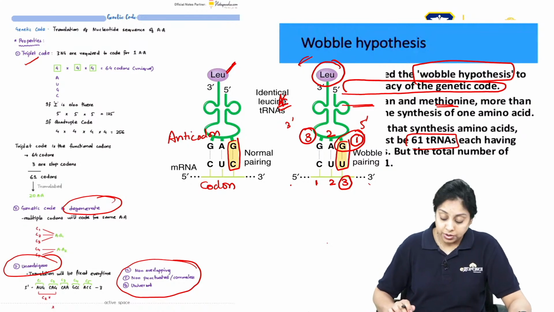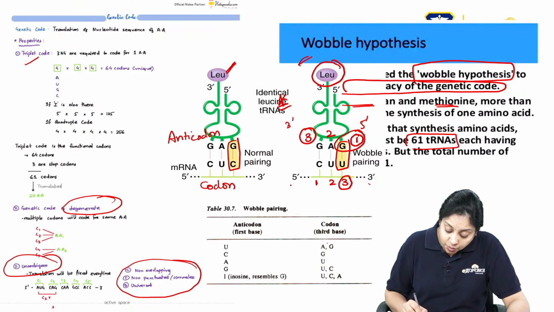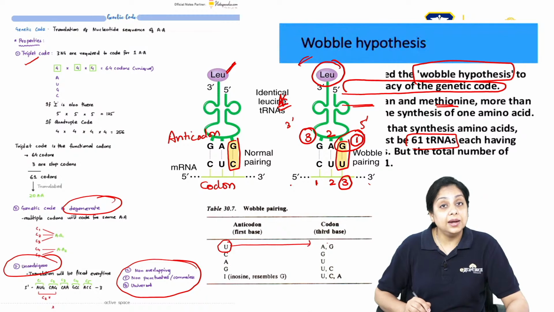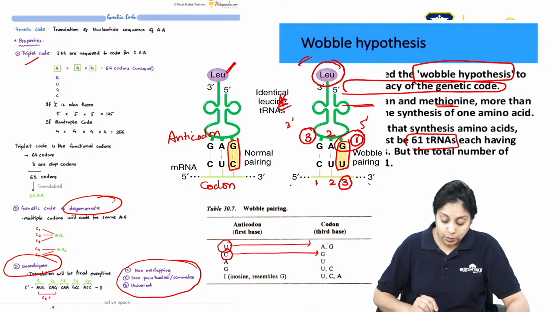It is allowed. And this is the table for that. The anticodon first base U can base pair with either adenine or guanine. If the anticodon in the tRNA has C, it is allowed to base pair with guanine. If it has adenine, it is allowed to base pair with uracil.